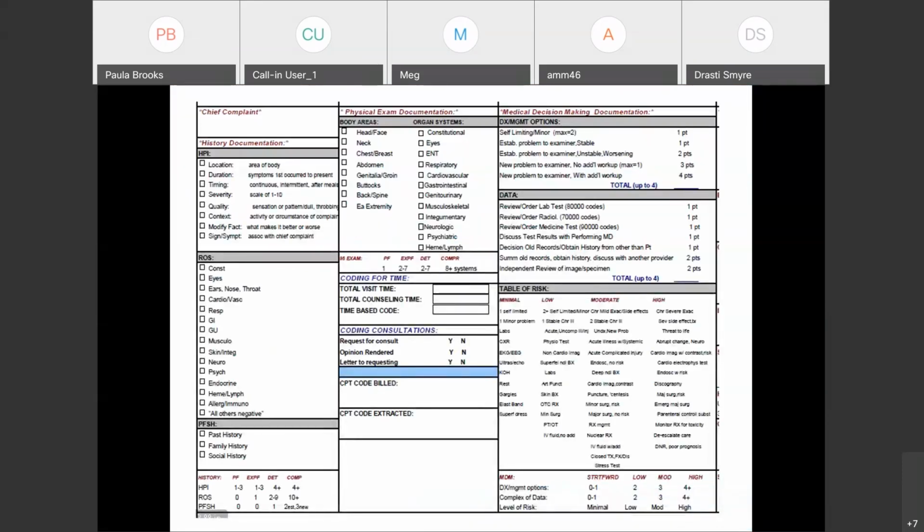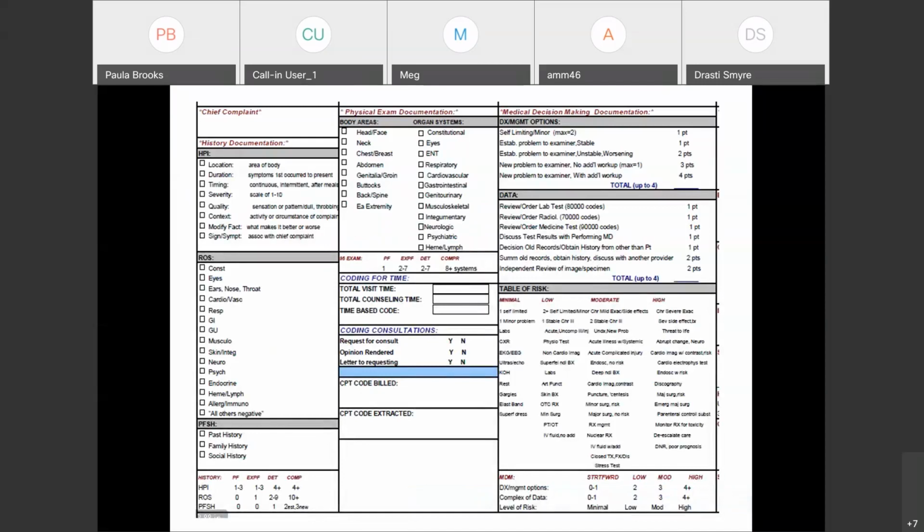So you should remember this from the last session. This is our evaluation and management audit tool. Just to recap, the history that you need to document in all three areas to establish your level of history: your HPI, your review of systems, and your past history, family history, and social history. Exam's pretty self-explanatory.